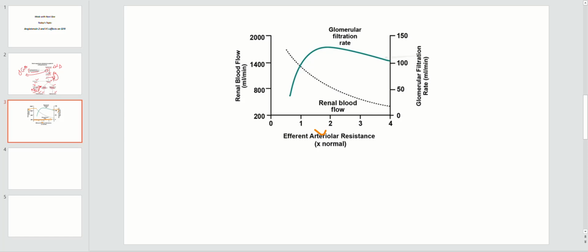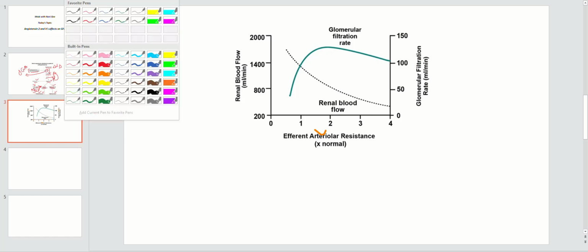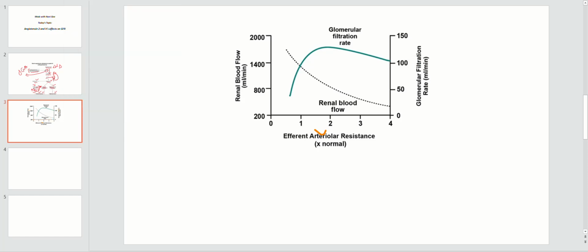So first we discuss this dotted line. Whenever you increase the efferent arteriolar resistance, what would be the effect on your renal blood flow? Let's say it is normal at about 1600.